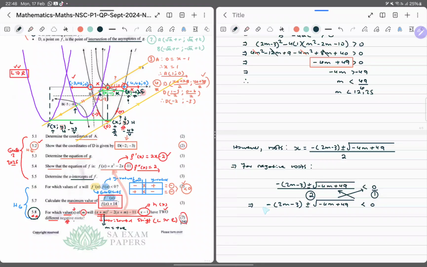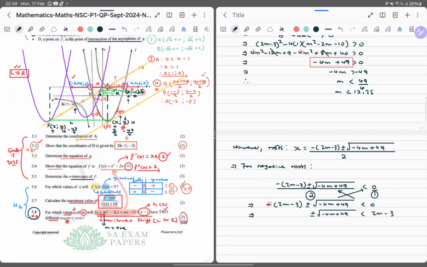Now we move this thing across. Just like we solve any radicals, we isolate this thing, so we have plus or minus the square root of minus 4m plus 49 is less than, we transpose that thing, is going to just be 2m minus 3. Okay, because that negative, we just kept it so that we don't confuse ourselves.